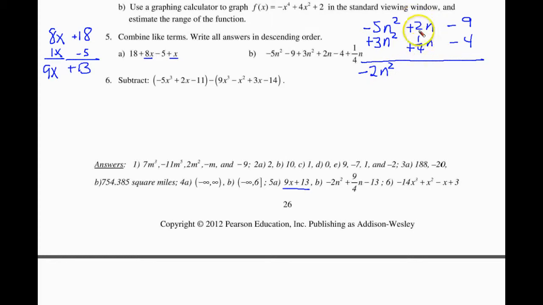So we want to add these up. So we have to have fractions here. Well, let's convert 2 to a fraction with a denominator of 4. So we have 2/1. We want to change it to a denominator of 4. Well, what do I multiply the 1 by to make it 4?